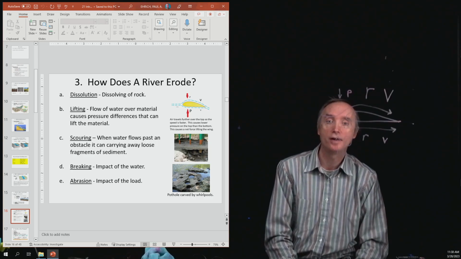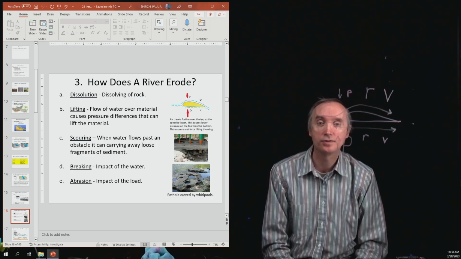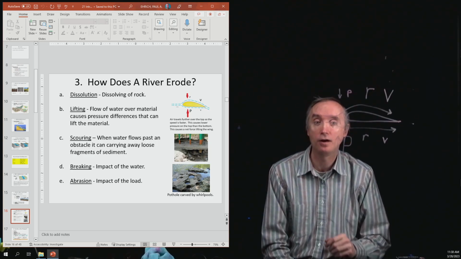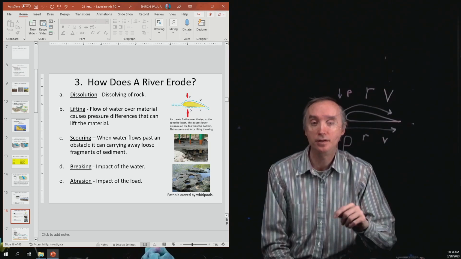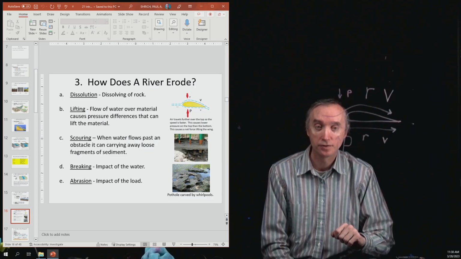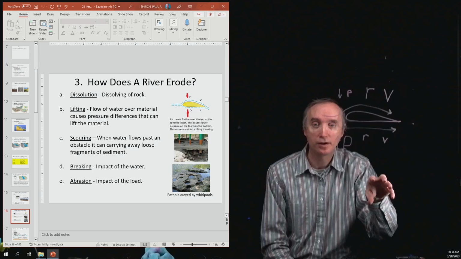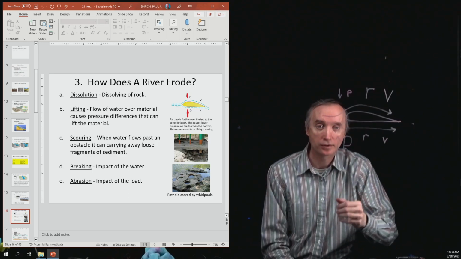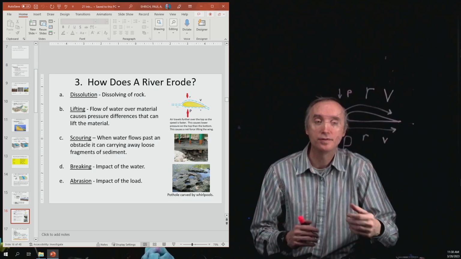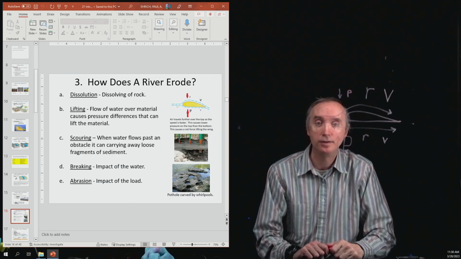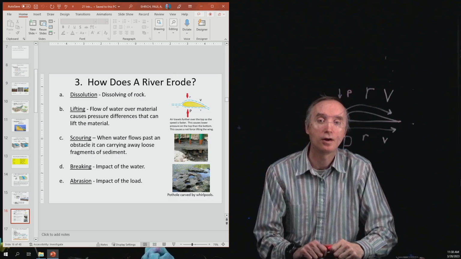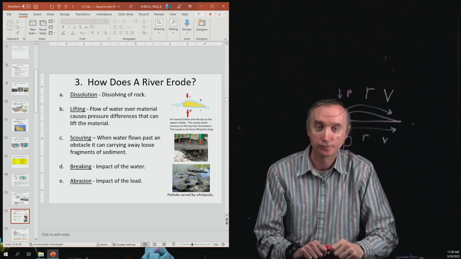And then finally we've got abrasion, which is the force of the impact of the materials that are in the water. The water could be carrying sand that could impact rocks. It could be carrying pebbles that could impact on rocks. Even silt and clay can impact on a rock and cause abrasion.